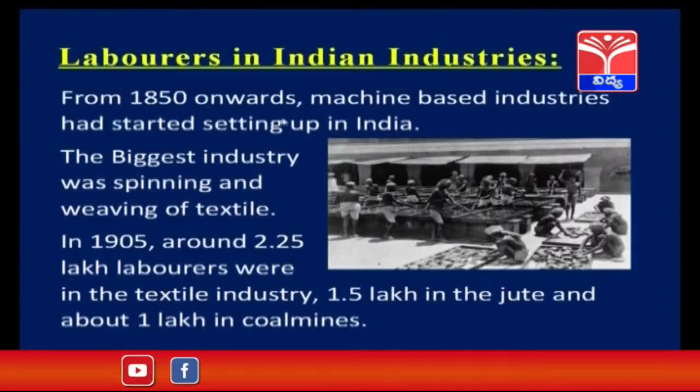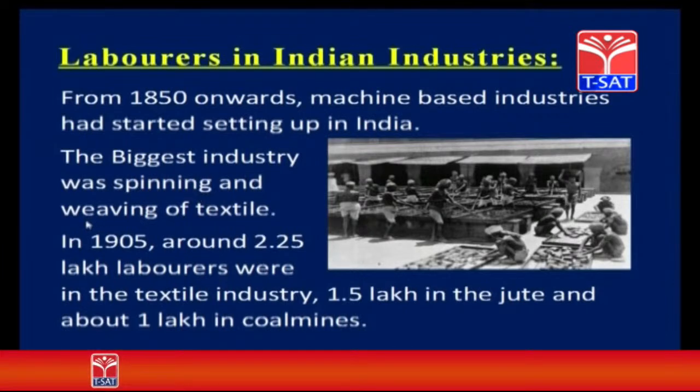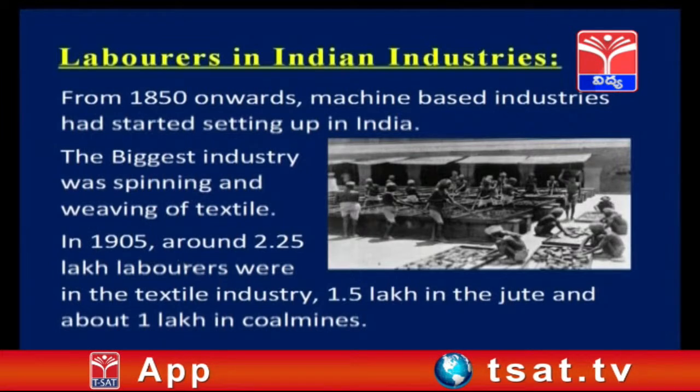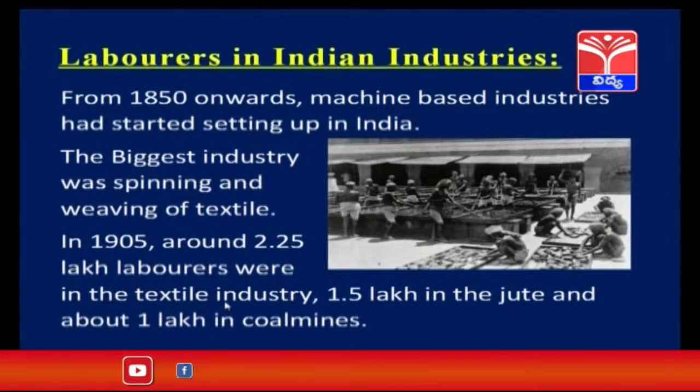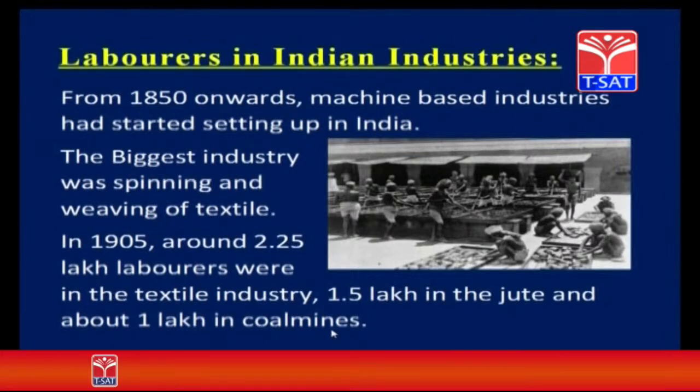From 1850 onwards, machine-based industries started setting up in India, and the biggest industry was spinning and weaving of textiles. In 1905, around 2.25 lakh laborers were in the textile industry, 1.5 lakh in the jute industry, and about 1 lakh in the coal mining industries.